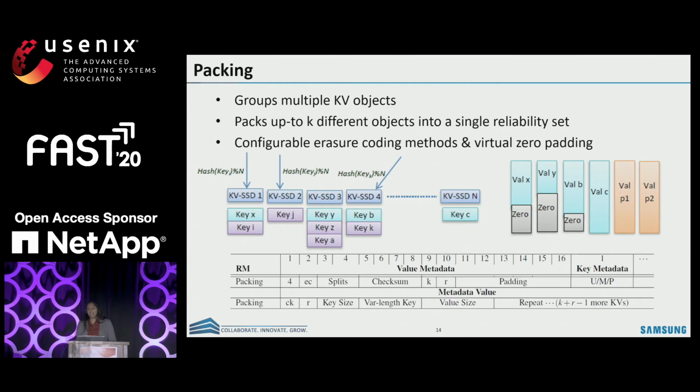And if it is a metadata object, it stores how many keys were packed together, what the key lengths, keys, and value sizes were. We need value size again here because of the virtual zero padding. And that becomes the metadata object, and the parity objects have the identifier P to it. So these are all used when the entire device fails and you are iterating over neighbors to figure out what needs to be recovered.